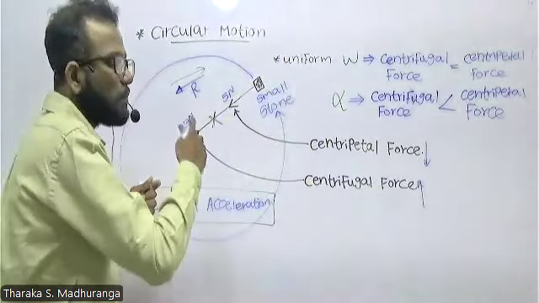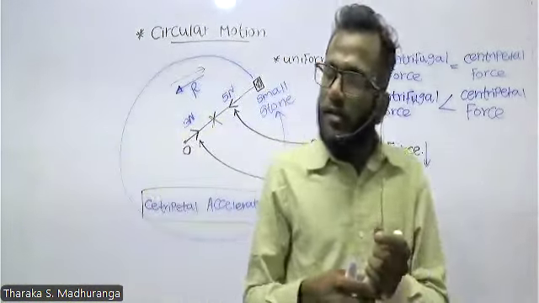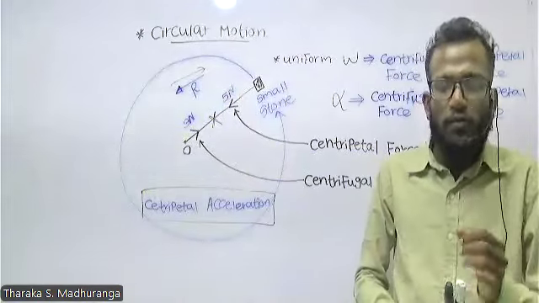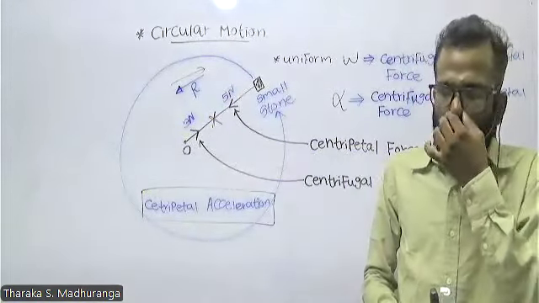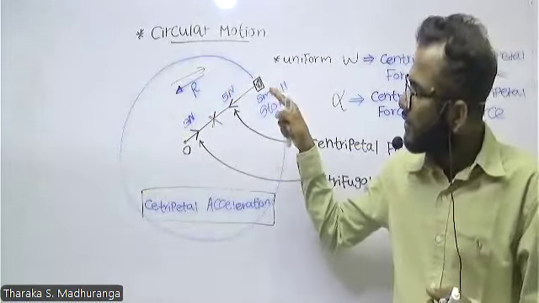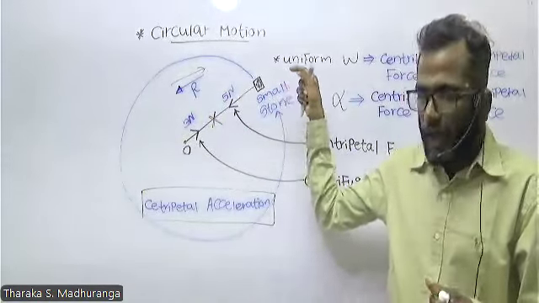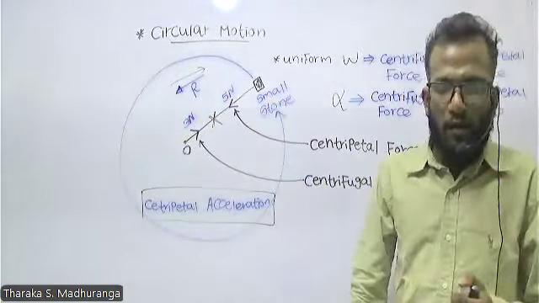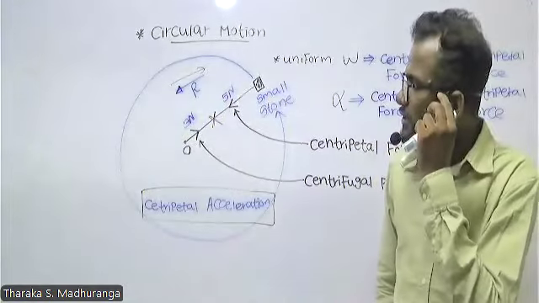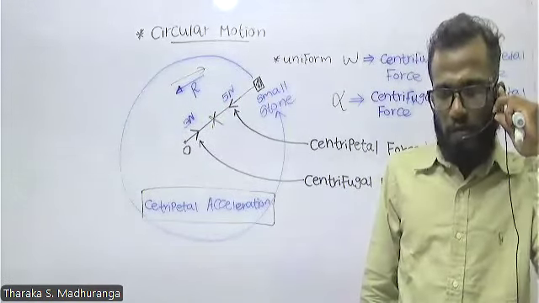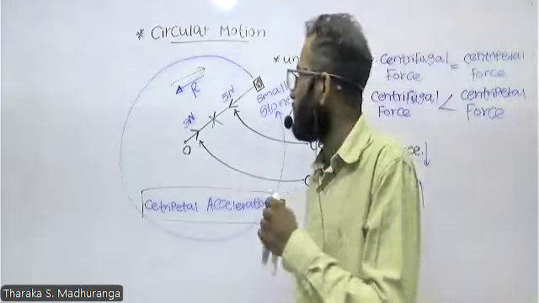Then it should break this string and go away. The object goes away from the path. To keep this path, the unbalanced force acting towards the rotational axis is very important.